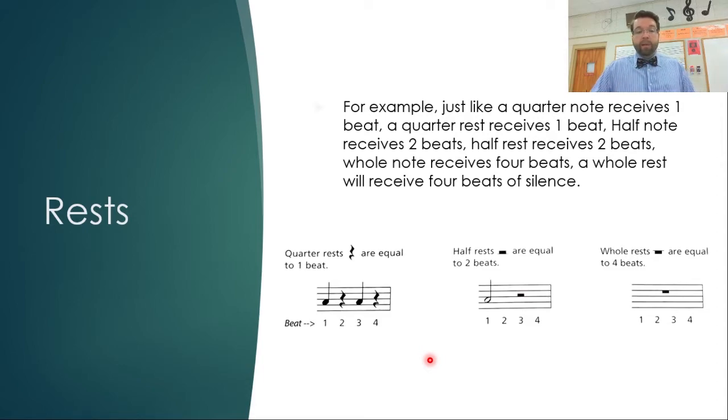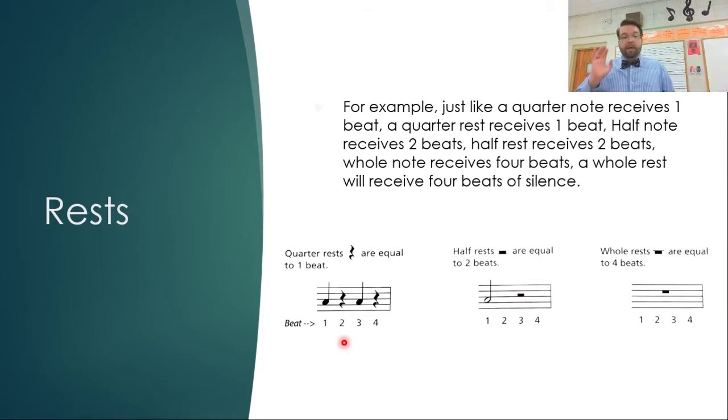If we were to play this exercise here, we have the beats counted underneath it, it would sound like this: 1, 3, or we would do da, da. So let me tap off this beat underneath it. 1, 2, ready, and da, da. So every time there was a silence, all you heard was the beat underneath it. Okay, so that's a quarter rest.